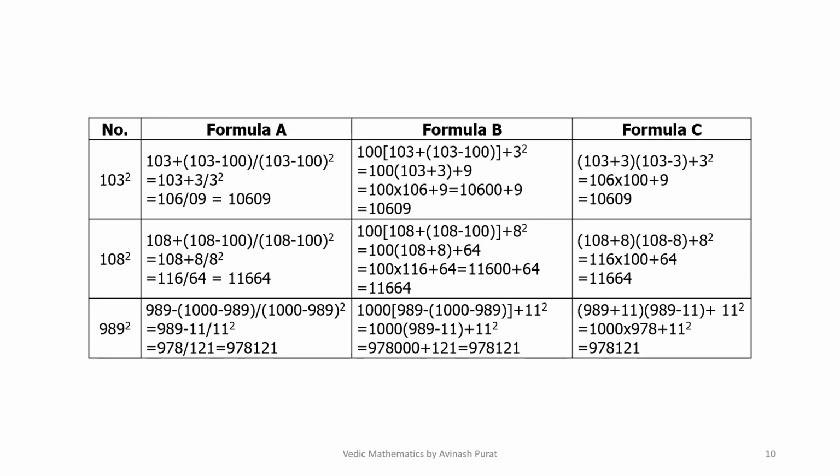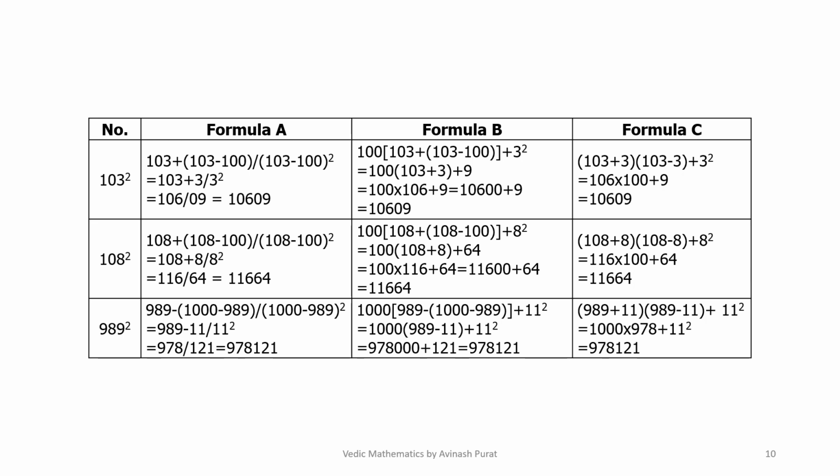103 square. First formula: 103 plus 3 stroke 3 square, that is 106 stroke 09, equal to 10,609.